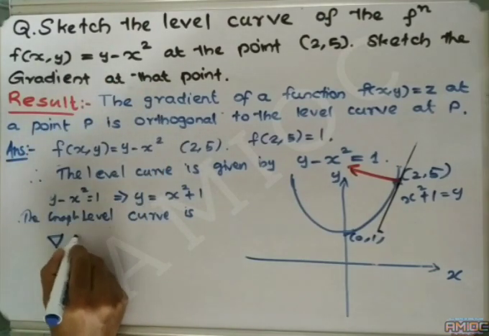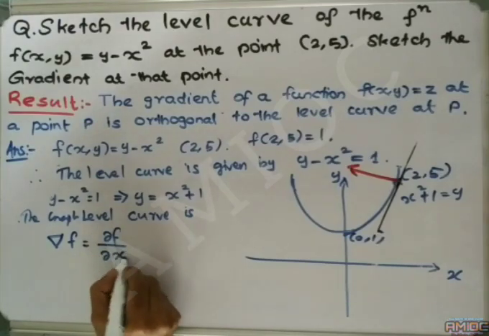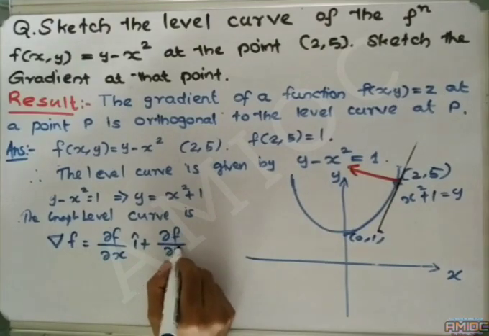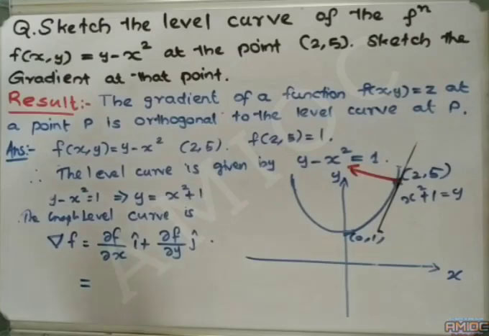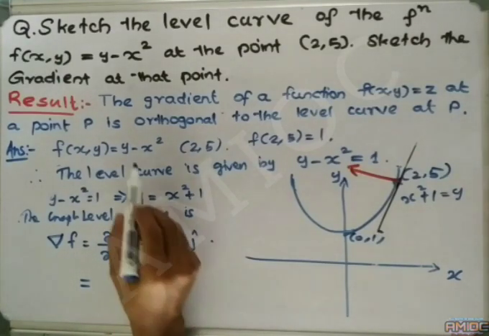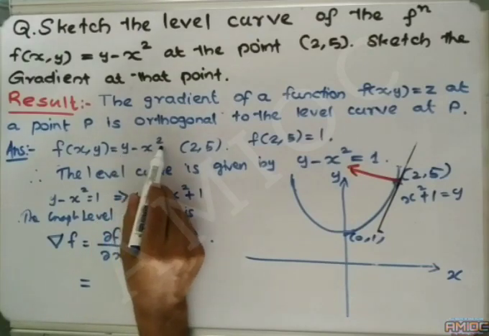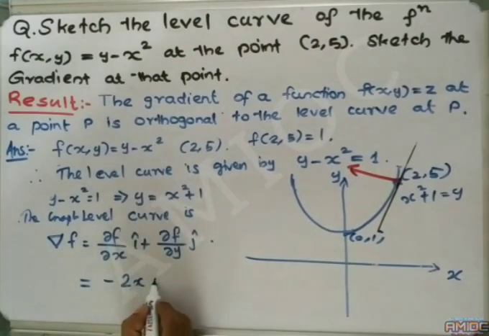Therefore del f is, by definition, the partial derivative of f with respect to x times i cap plus the partial derivative of f with respect to y times j cap. When taking the partial derivative with respect to x, y is a constant, so the derivative of minus x square is minus 2x times i cap.